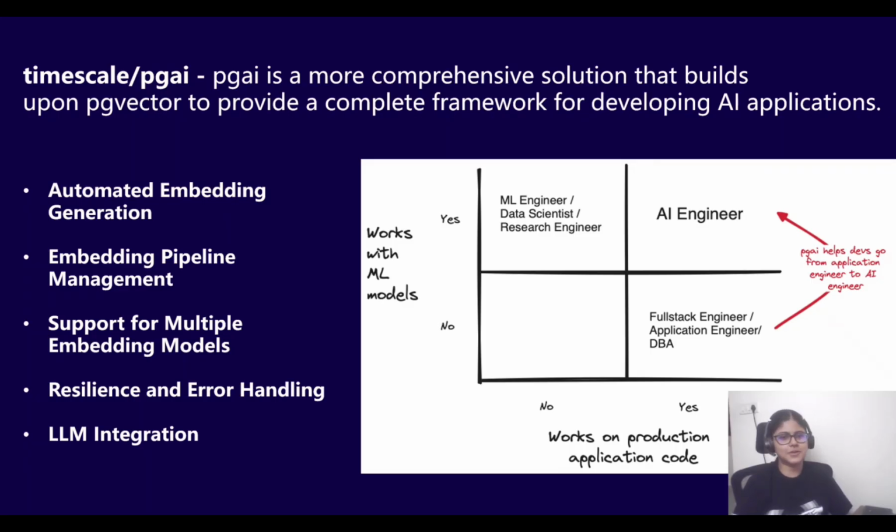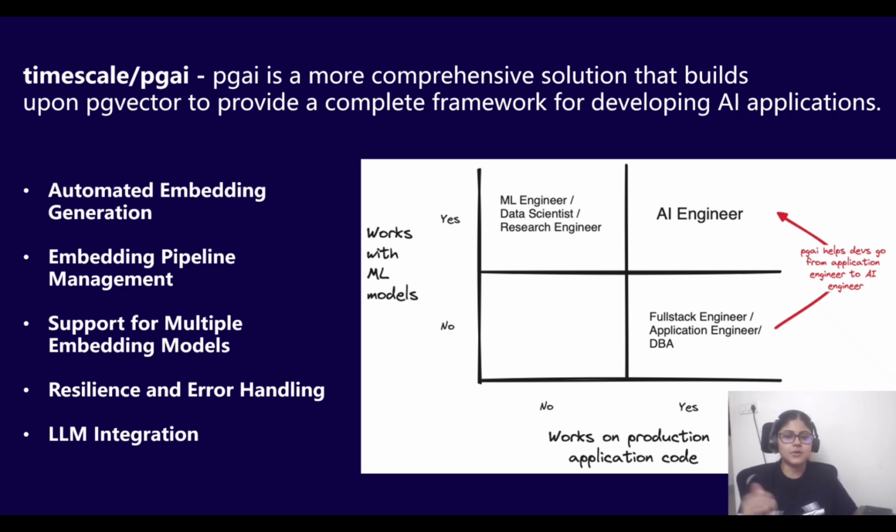In this section, as I promised at the very beginning, I'm going to be discussing two more libraries which are open source, and they add great value to the production-grade application that you will be developing. So let's get started. First up we have PGAI, which is by a company called Timescale, and they have certain added features on top of what PgVector already provides.